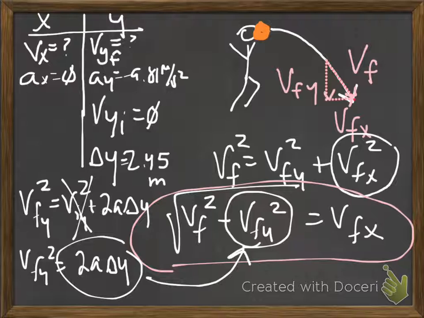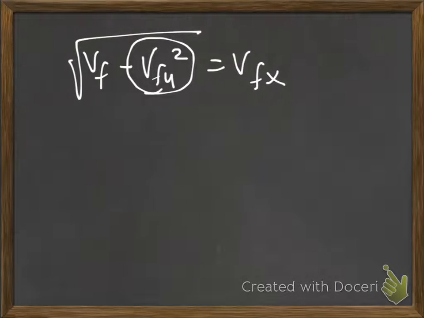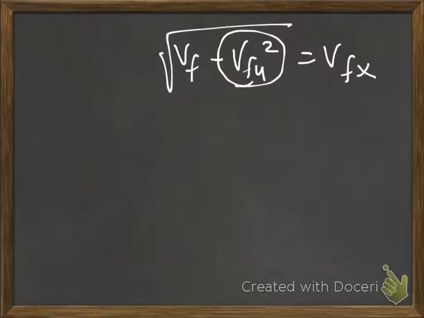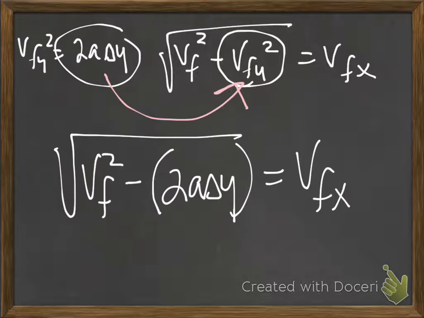So, let's copy what we can here. We'll copy this, paste that. So we've got the square root of the final velocity squared minus 2a delta y equals Vfx, which is also equal to Vix.